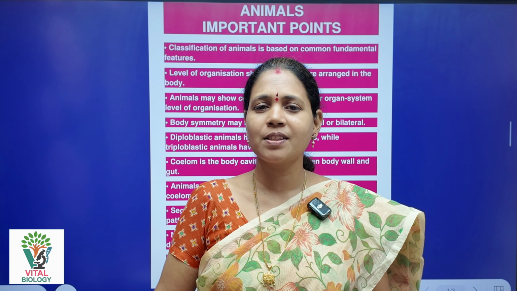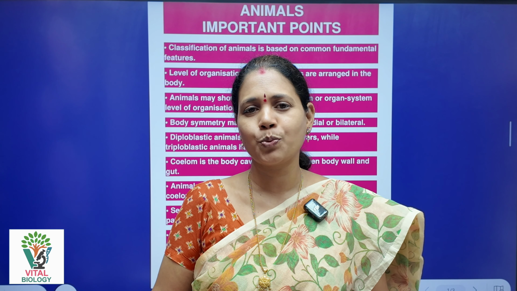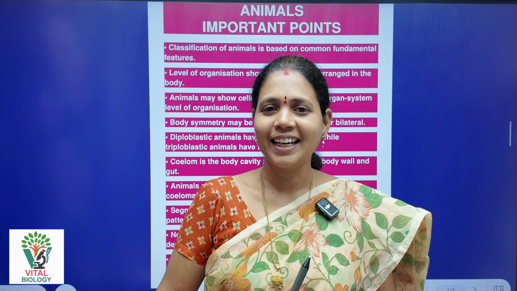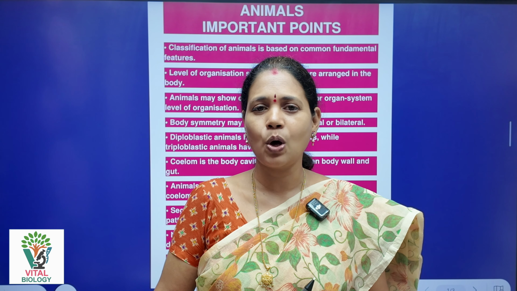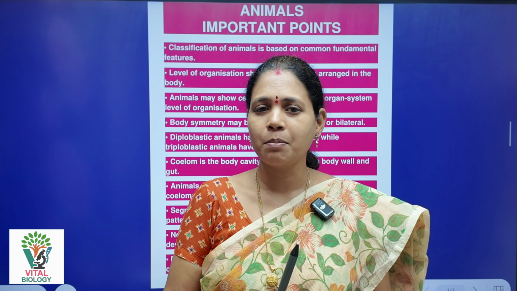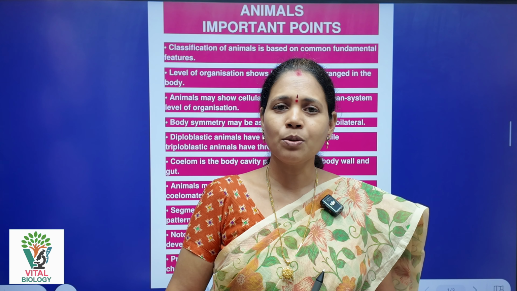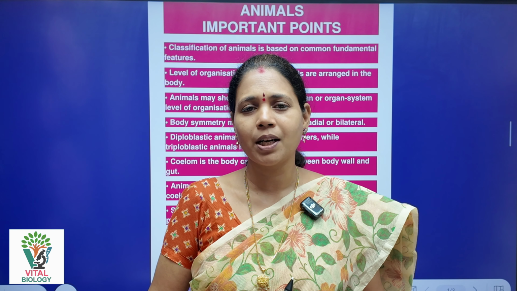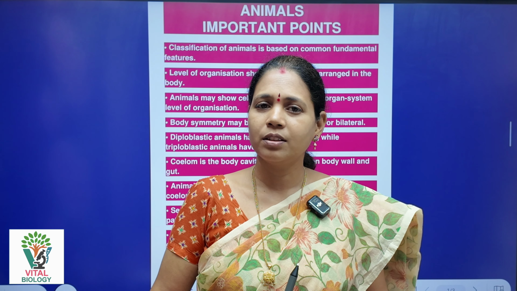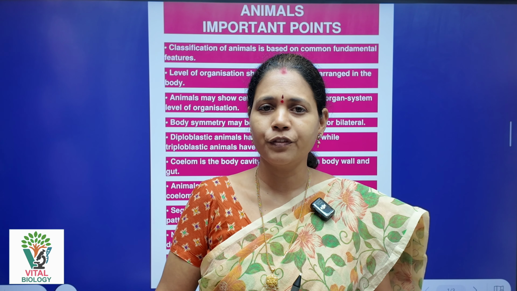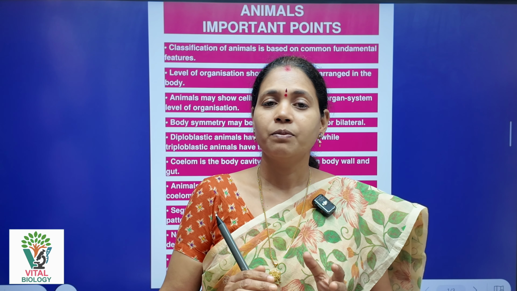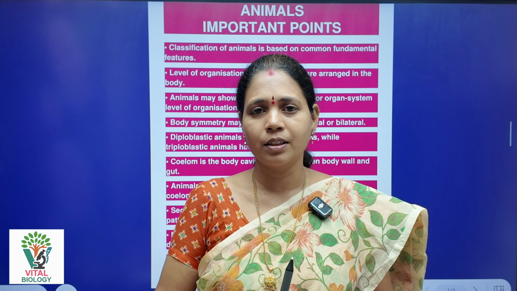In our previous classes, we have learned in detail about various groups of animals. And in this video, we mainly focus on the key points or the important points of the chapter, that is animal kingdom. As we know that according to 5 kingdom classification of Whittaker, the Animalia comes under the 5th kingdom, in which various organisms are included.